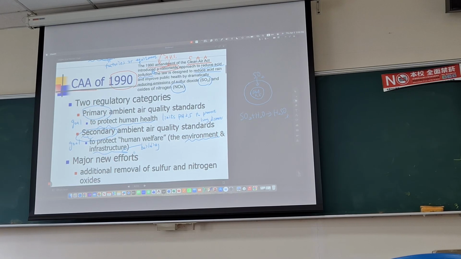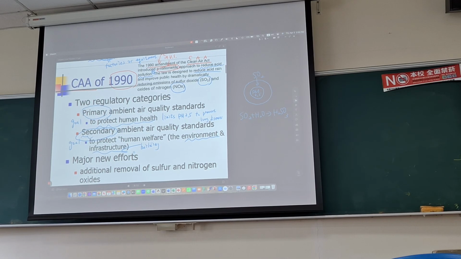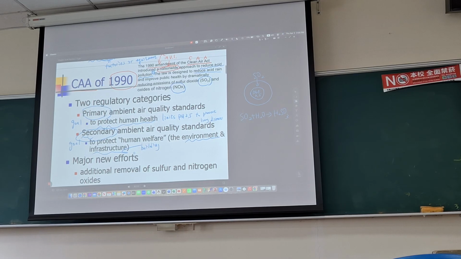So the goal for the secondary standard is to protect human properties, your properties, the 财产, including the environment, those buildings, those structures, those statues.